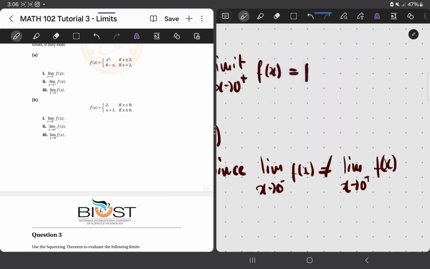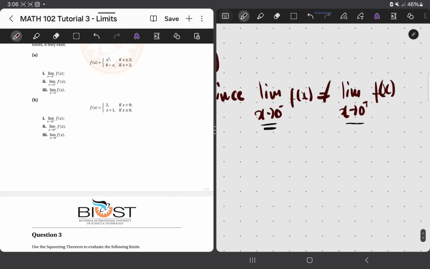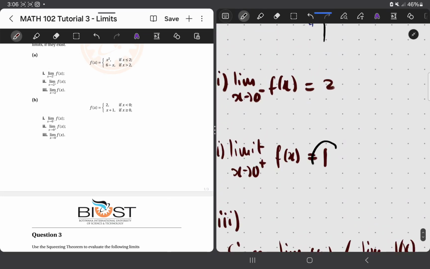And if they are not the same, then this two-sided limit doesn't exist. This is a one-sided limit from the left, and this is a one-sided limit from the right. This is x approaching 0 from both sides, which is a two-sided limit. It only exists if the one-sided limits give the same answer. But here, one is giving 1, one is giving 2.